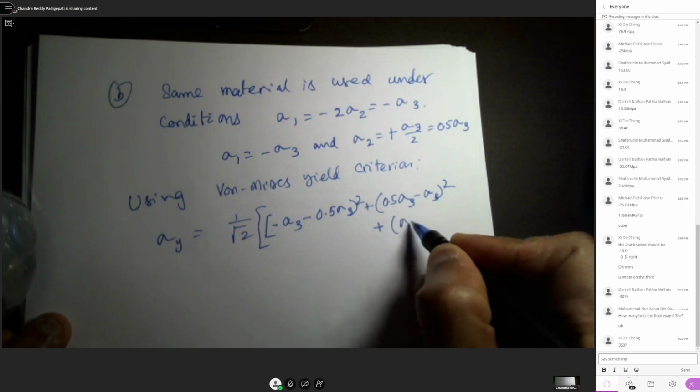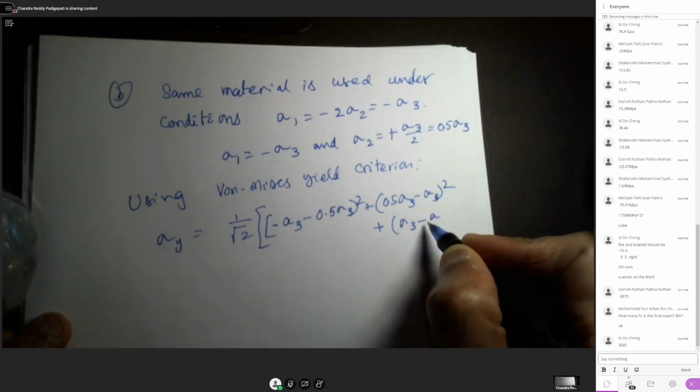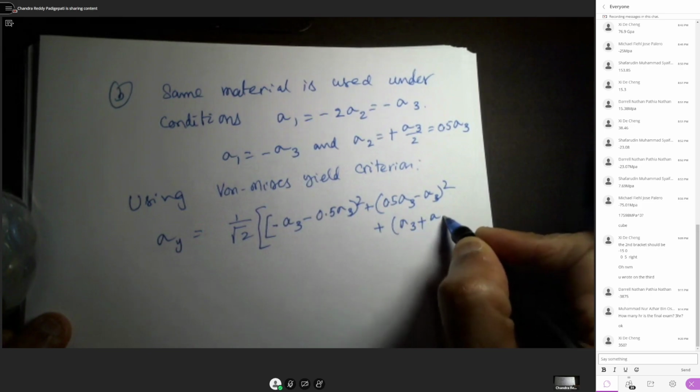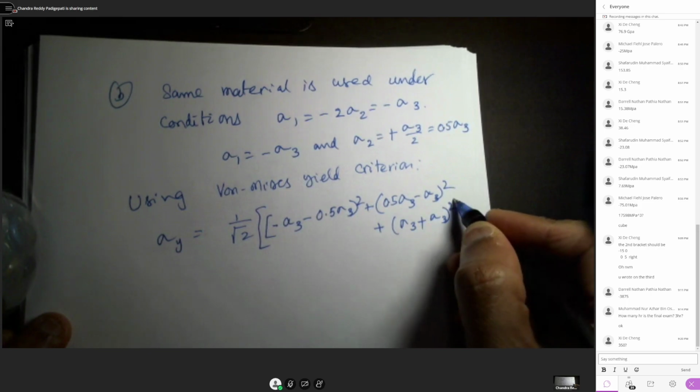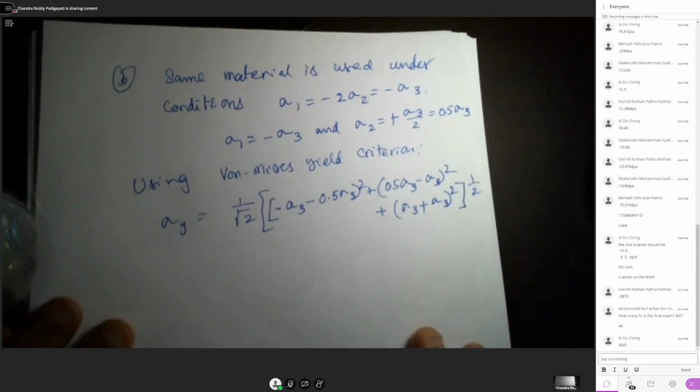Sigma 3 minus sigma 1 will be minus of minus, plus, so plus sigma 3 whole square, all to the power of half.